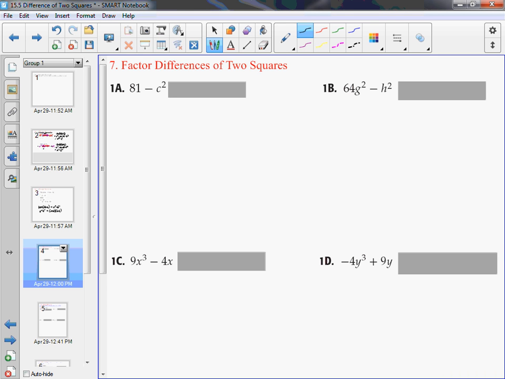So for number 1A, is 81 a perfect square? It's what squared? 9. Is c squared a perfect square? It's c squared. So that is a squared minus b squared, isn't it? It's 9 squared minus c squared. So the factorization has to be a plus b times a minus b.